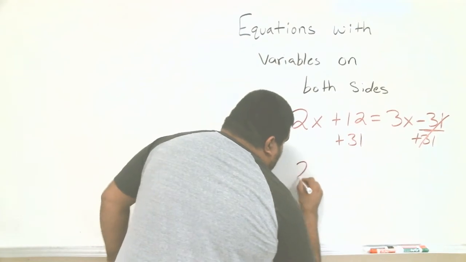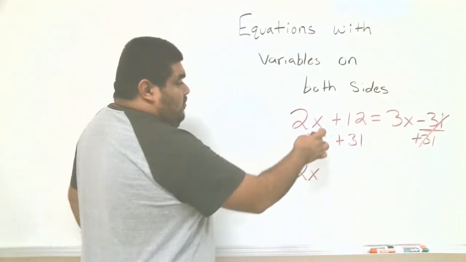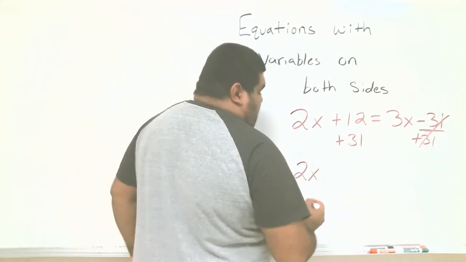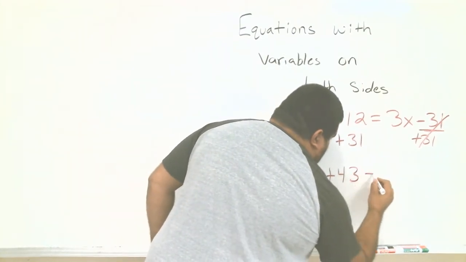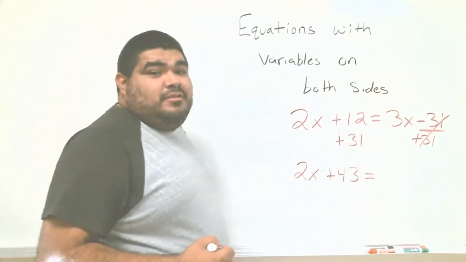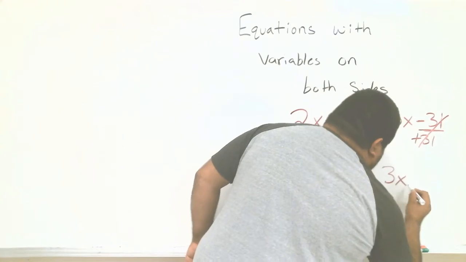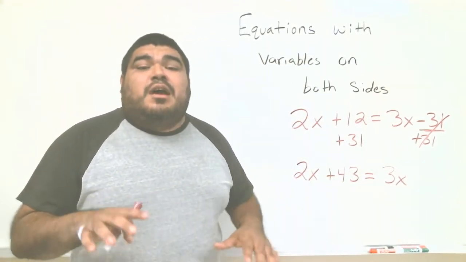So we have 2x. Notice that, two positive numbers, so we have 12 plus 31 is positive 43 equals, notice that we had a 3x on the other side. So we're gonna keep that 3x. Okay? So that was the first step.